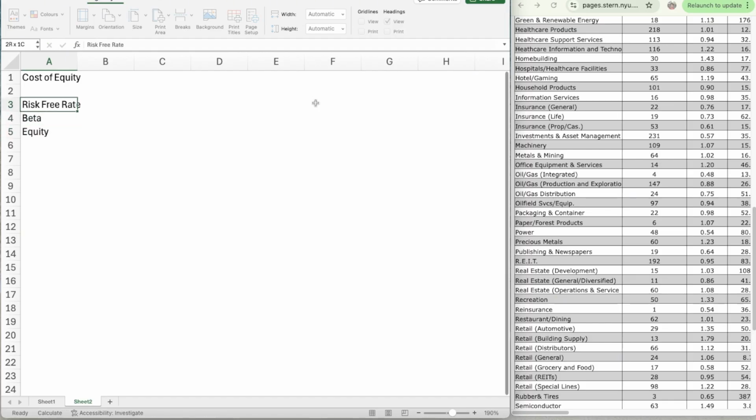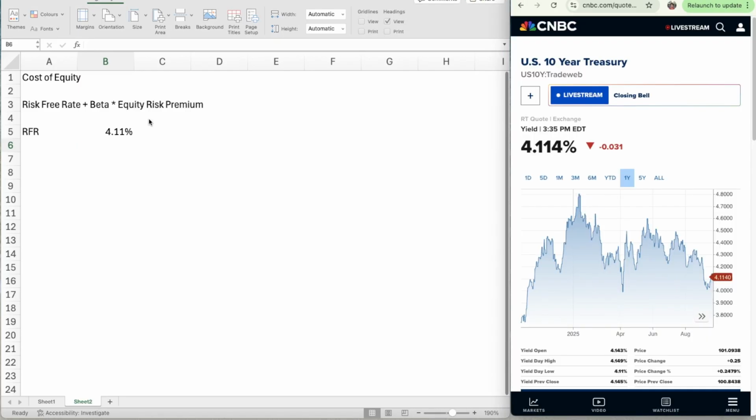Okay, I'll write it down. Risk-free rate plus the beta multiplied by the equity risk premium. So if we go RFR, it's 4.114%. Is that right? Yeah, 4.144.